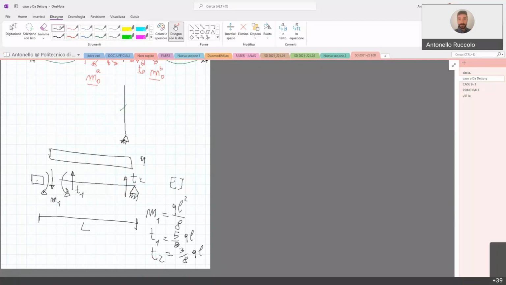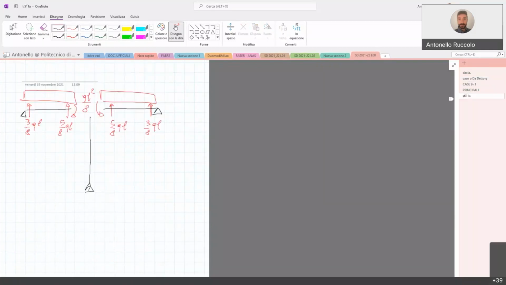So that's why I also took the shear forces from the stiffness coefficient, not only the bending moment, because in order to find the value of the unknown rotation phi, we needed the bending moment.